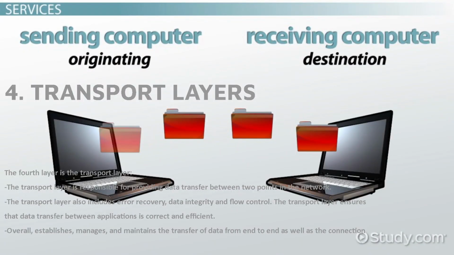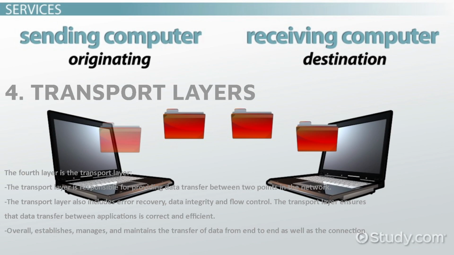And the fourth one here will be the transport layer. The fourth layer is the transport layer. The transport layer is responsible for providing data transfer between 2 points in the network. The transport layer also includes error recovery, data integrity, and flow control. The transport layer ensures that data transfer between applications is correct and efficient.